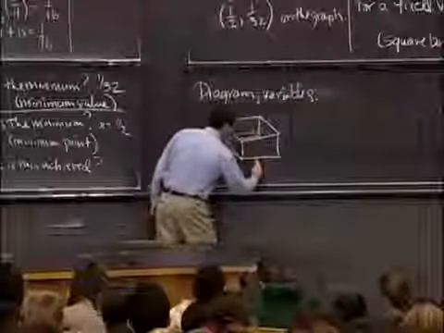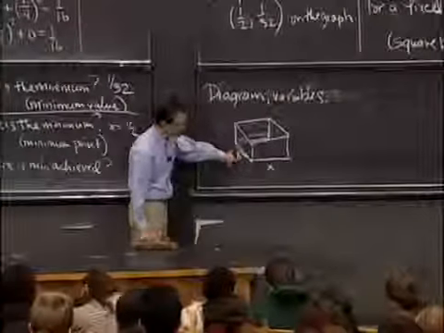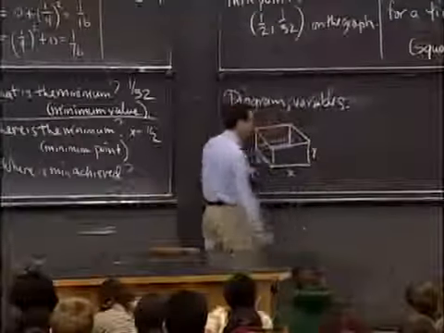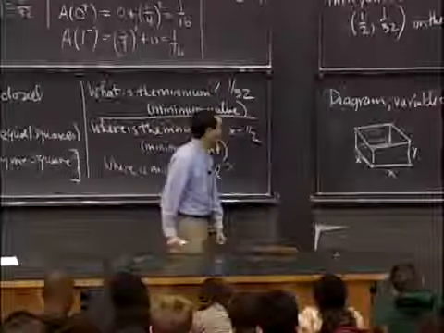Well, this is going to be x, and this is very foreshortened, but it's also x. The bottom is x by x. It's the same dimensions. And then the vertical dimension is y. Okay? So far, so good.